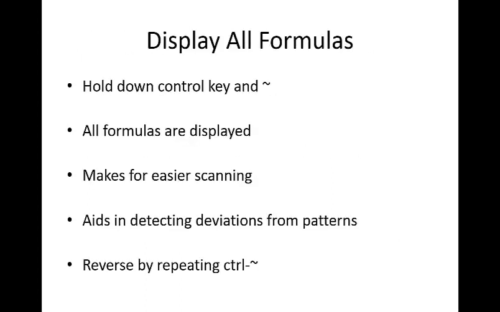In Microsoft Excel, if you hold down the Control key and push the tilde button, then you will actually see all your formulas displayed in your current worksheet. This makes it very easy to scan your formulas and see if there are any unusual patterns. And then you can reverse this effect by pushing Control tilde again and toggle back and forth between the formula view and the number view.